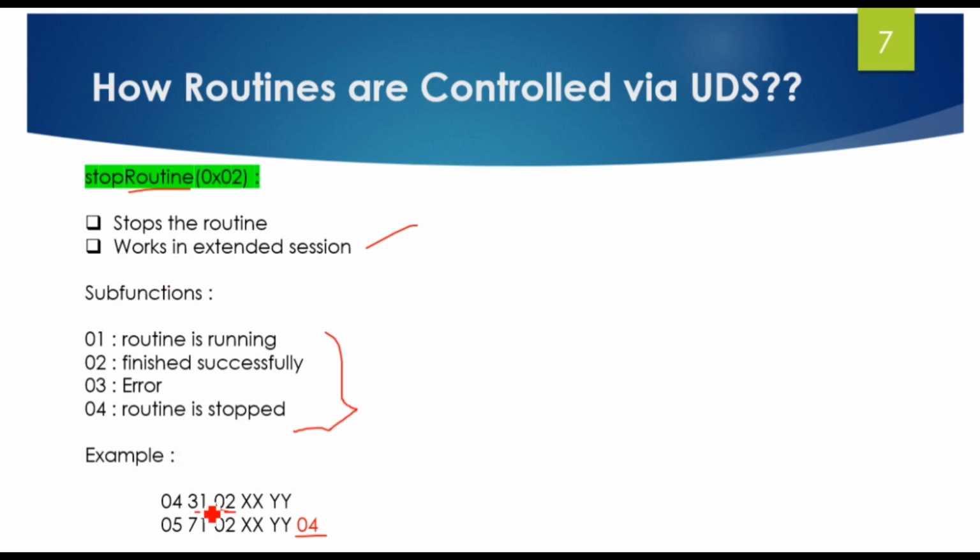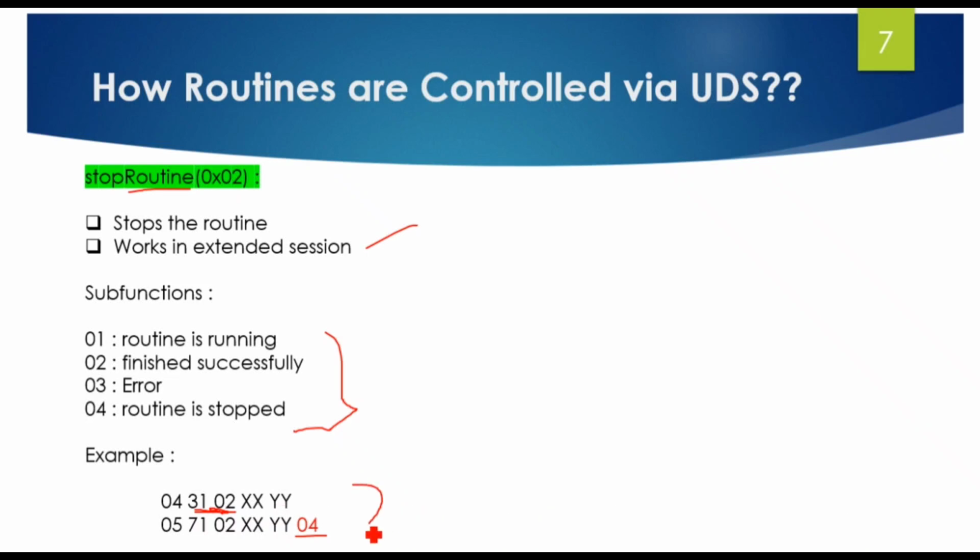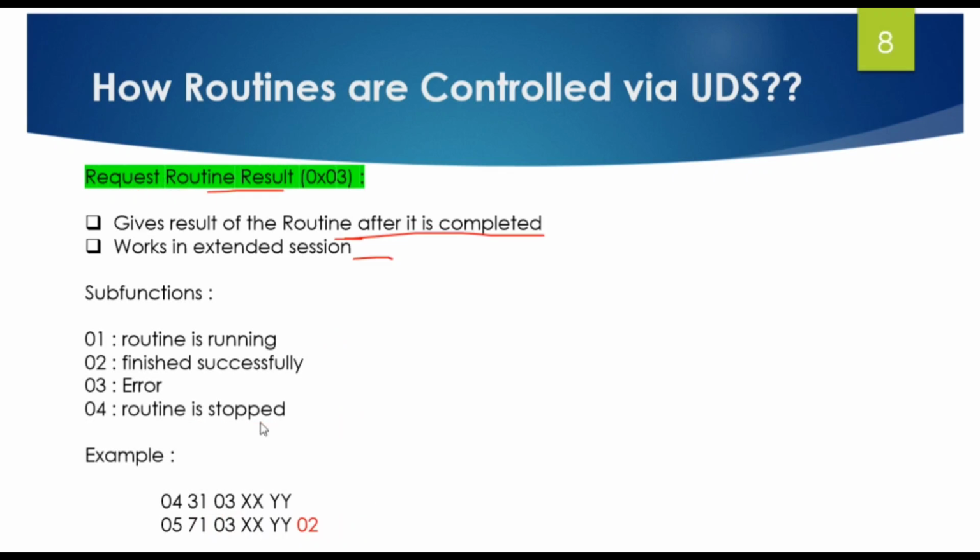In response, I will get 04, that is, routine is stopped. And the third one is request routine result. So 3103. If I give 3103, then in response I will get finished successfully, 02, finished successfully.